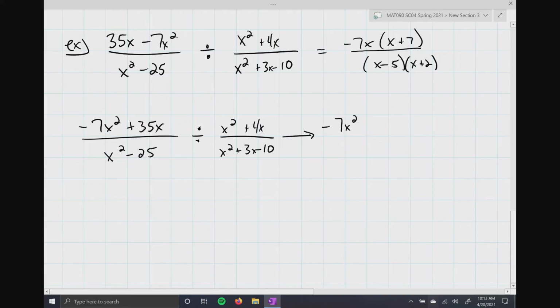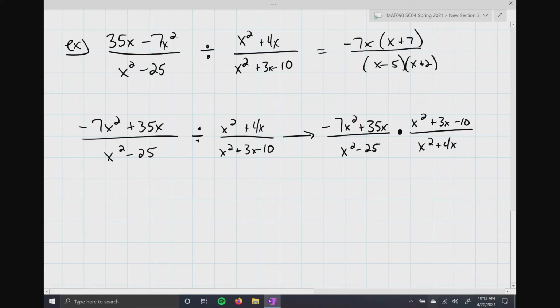I rewrite the first fraction. Division changes to multiplication. And I multiply by the reciprocal of the second.